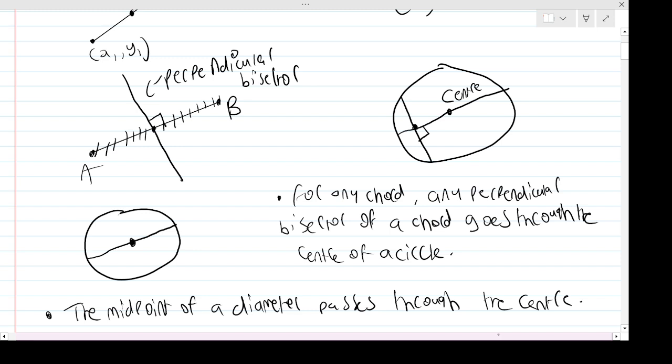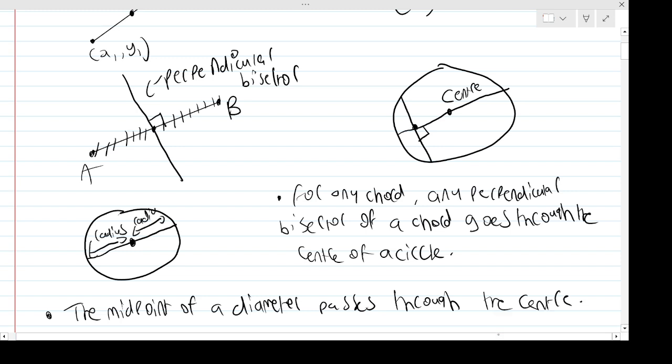If we have a given chord, we can work out the perpendicular bisector, or if we're given the diameter, if we're lucky enough, we can work out the midpoint, because the middle of the diameter is the centre. You can think of that because the diameter is 2 lots of the radius, where the radius goes from the centre to the outside.